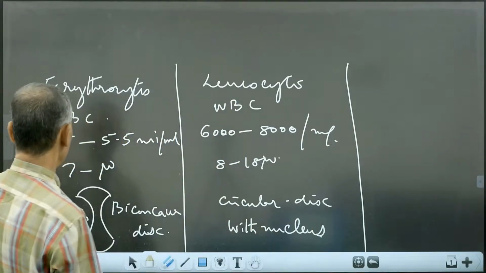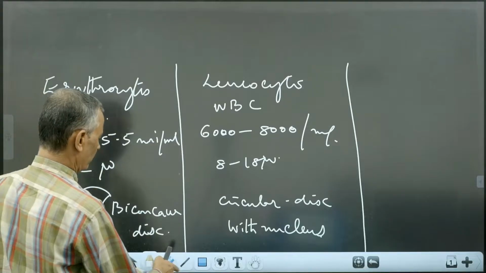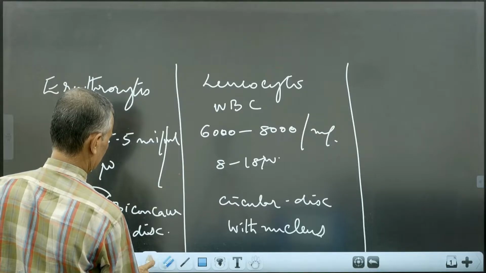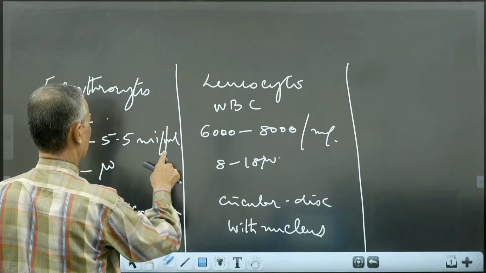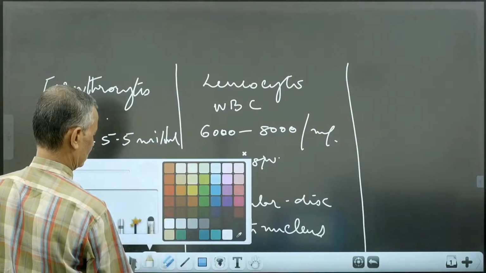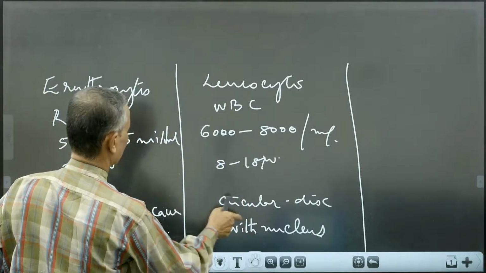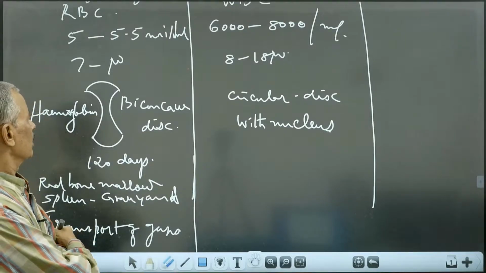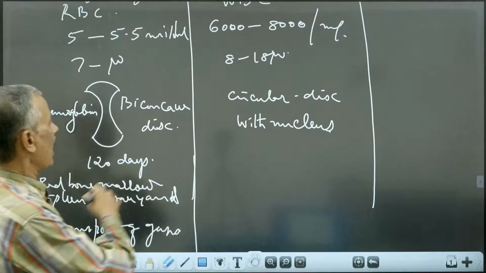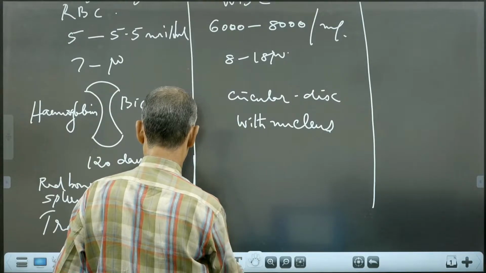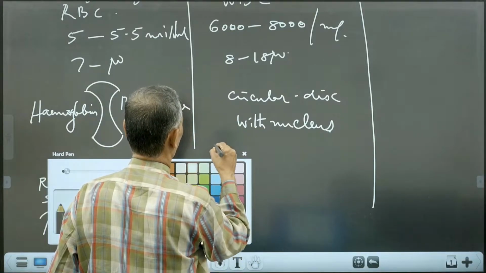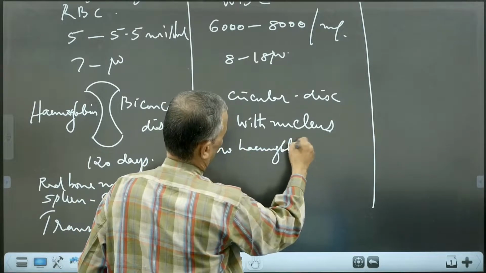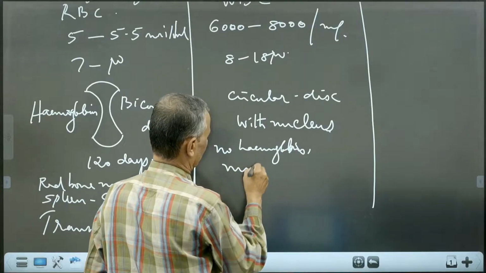In RBC, it is biconcave disc because it is having no nucleus when it becomes mature. But here there is a nucleus, and since there is no color, no hemoglobin, but nucleus present.